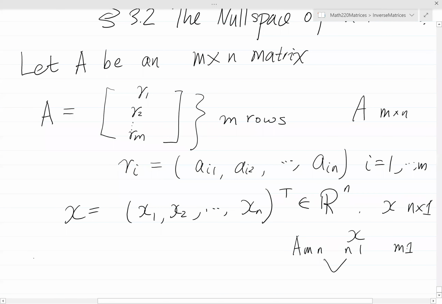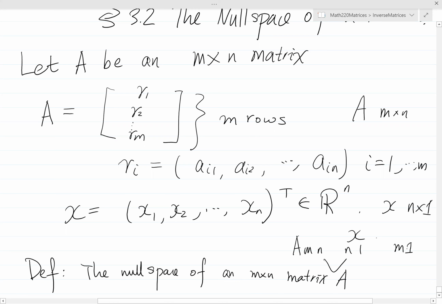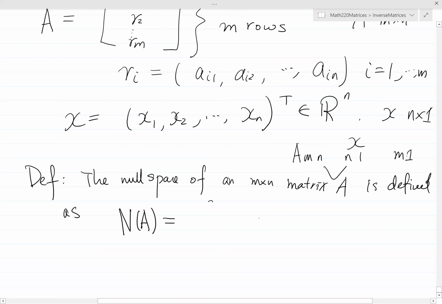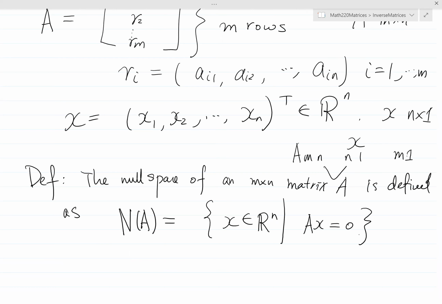Okay, then the definition. The null space of an m by n matrix A is defined as the set of x in R^n such that Ax equals 0.